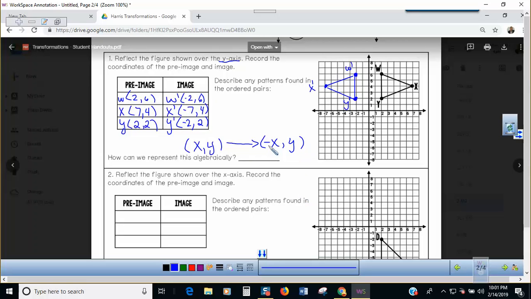Okay, this negative symbol, think of it as the opposite of. It may not necessarily mean that the value is negative, which in this case it is, but it won't always be that way. So just think of this negative symbol as the opposite of the original value. All right, and there you go.